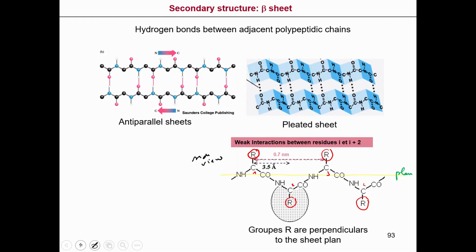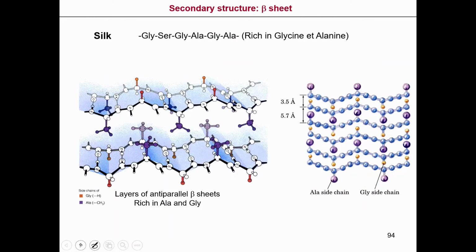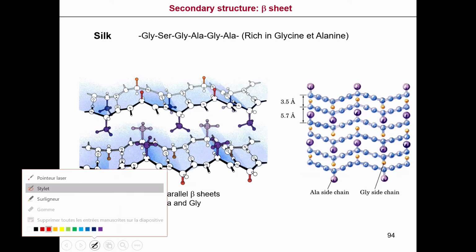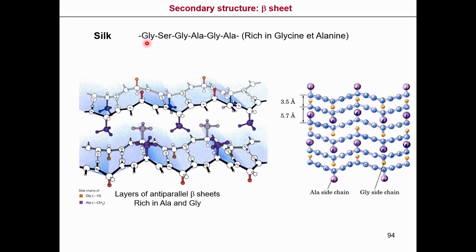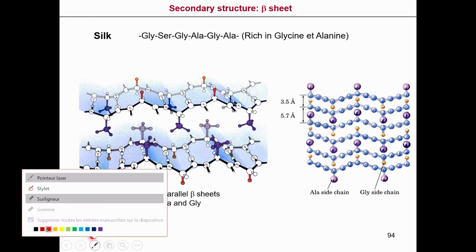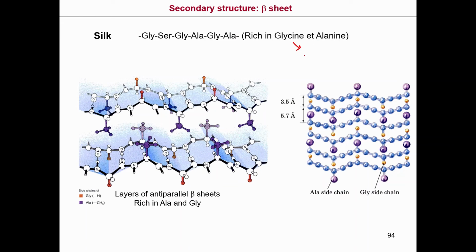because if we see the structure of the silk, you have this sequence: glycine, serine, glycine, alanine, glycine, alanine. It means that you have a polypeptide which is rich in glycine and alanine. Glycine and alanine are apolar residues.